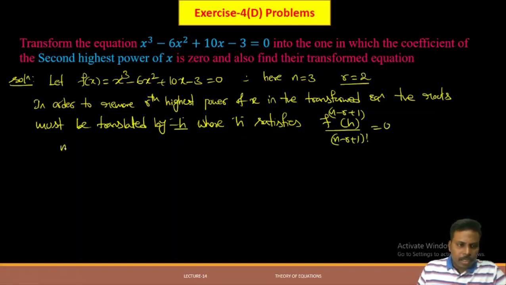So here n is equal to 3 and r is equal to 2.